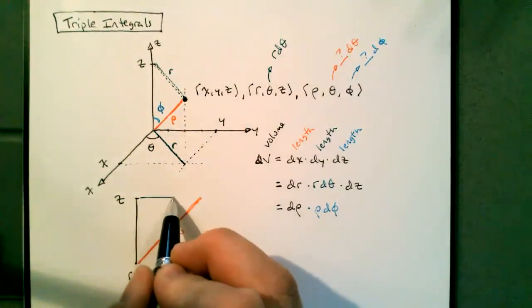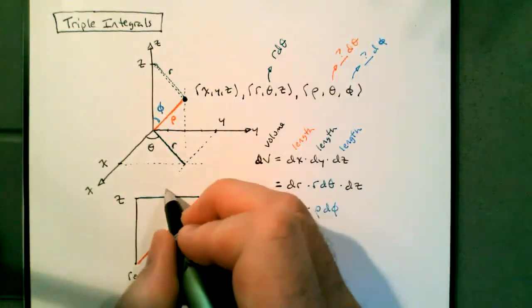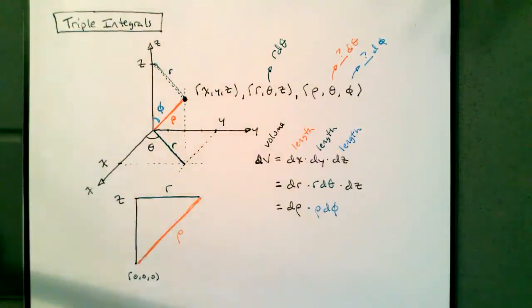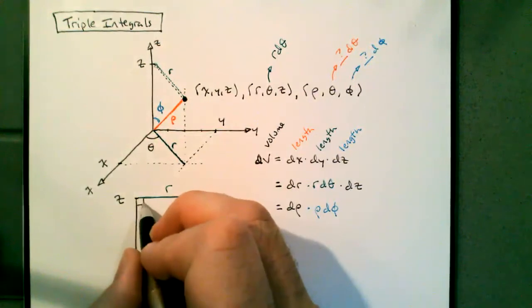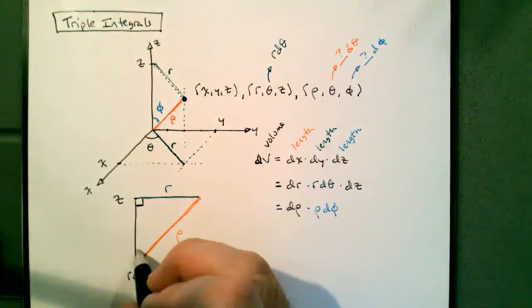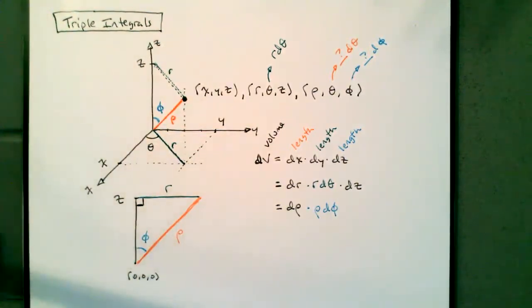And the other leg of this triangle is going to be r. So I can't say r times d theta, but I can write r in terms of rho and phi.